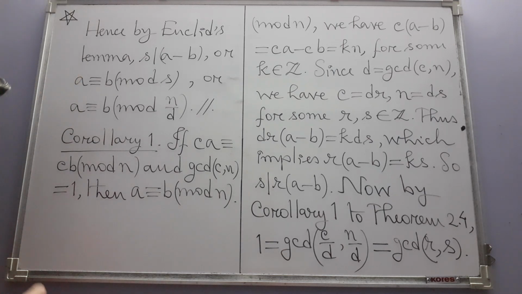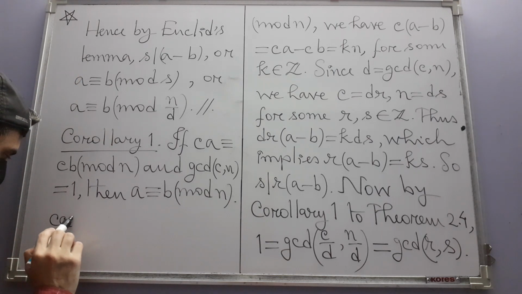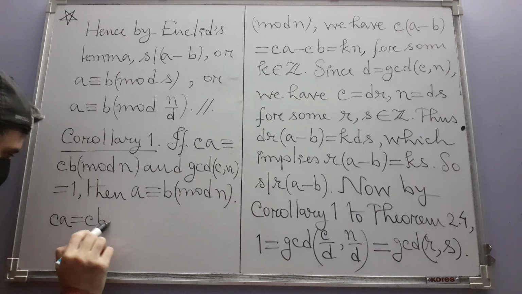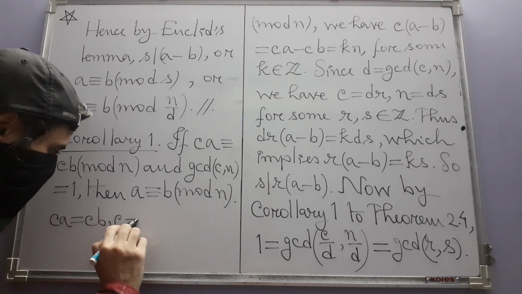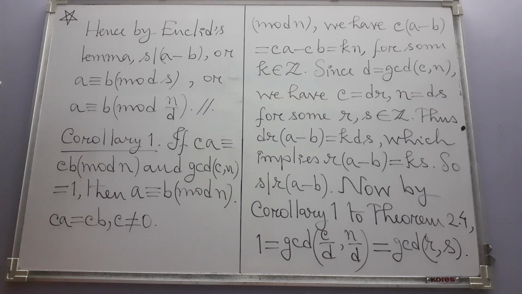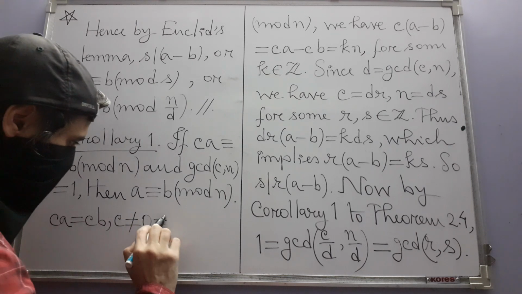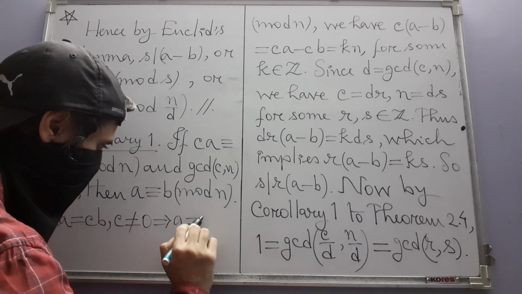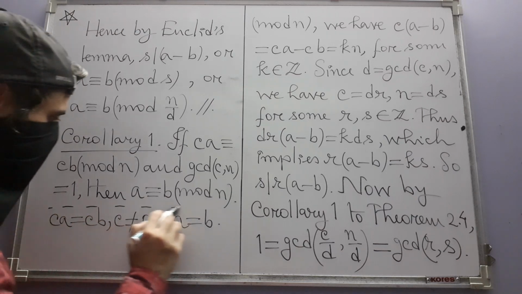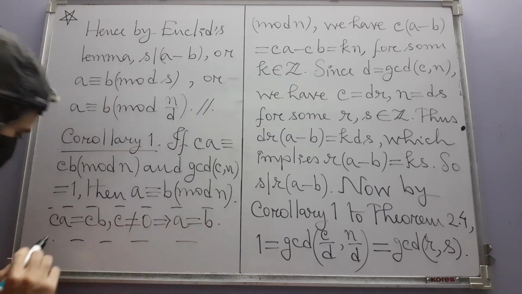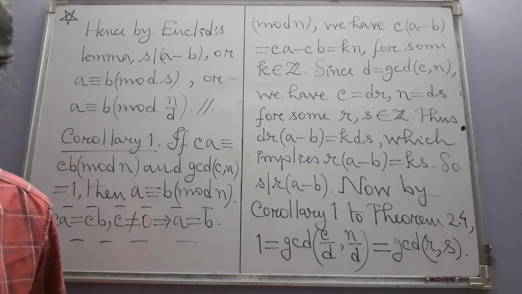It's as if you are having an ordinary equation like this, and the usual condition that C is not equal to 0, and then you have the cancellation law that A is equal to B. This is the congruence version of this corollary 1. But there is another corollary also.